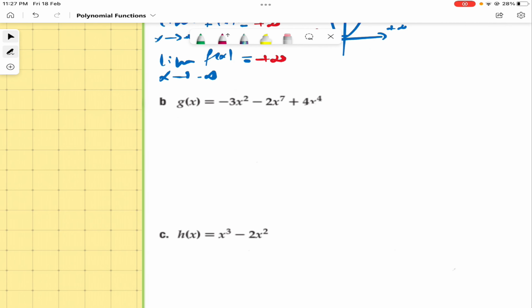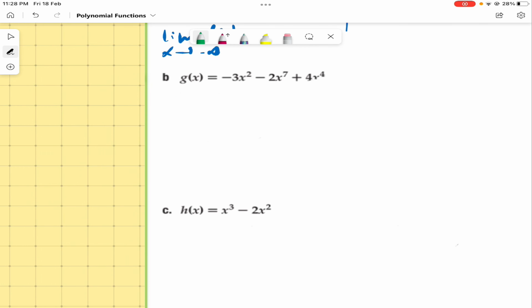The second question, the highest degree is 7. So degree is 7, which is odd, and the leading coefficient is -2.